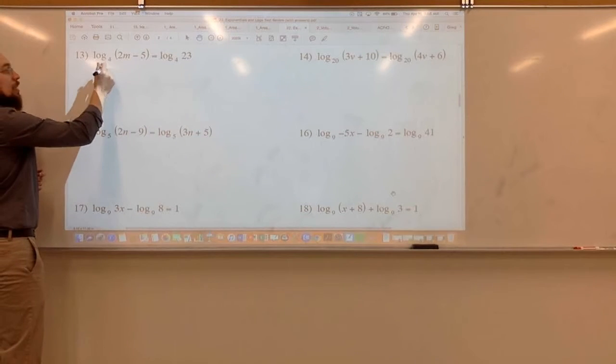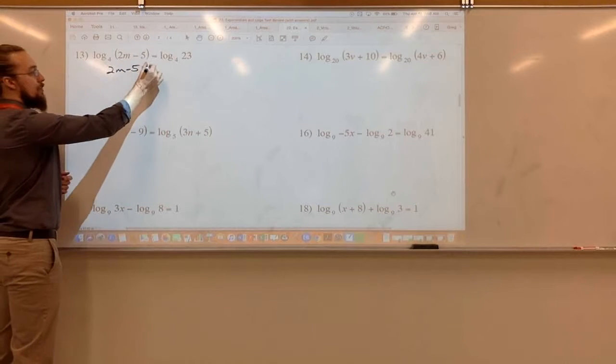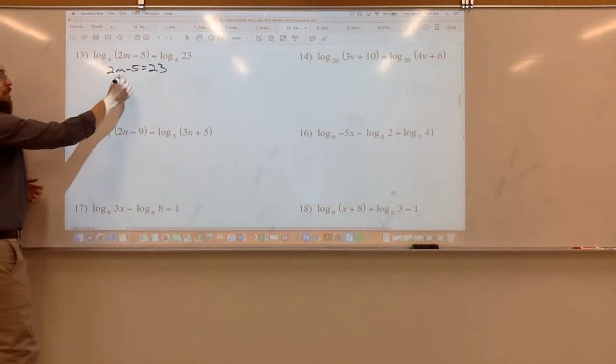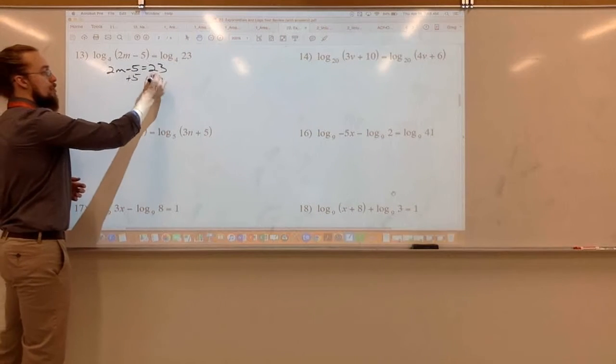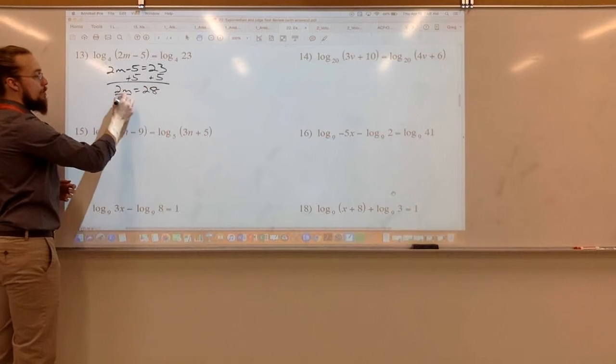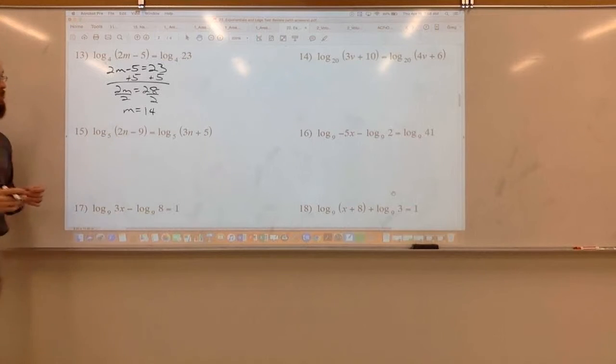So here, I already have one log equal to one log, so I'm just going to say 2m minus 5 equals 23. This is pretty straightforward to solve. Add 5 to both sides, divide by 2, and we get m equals 14.